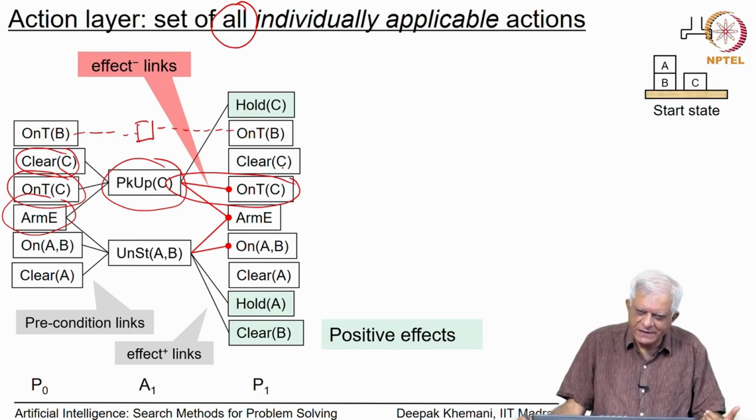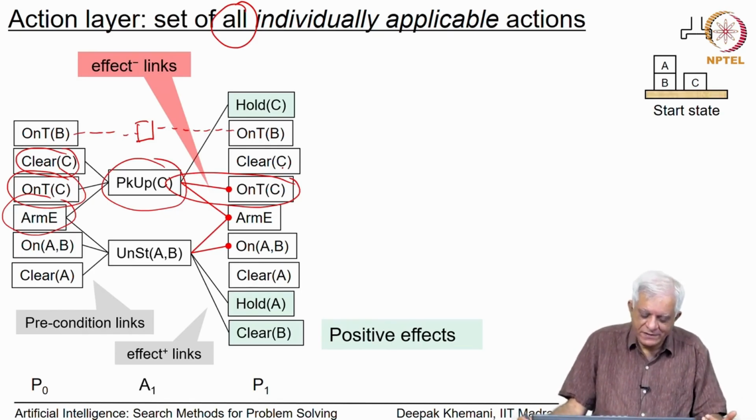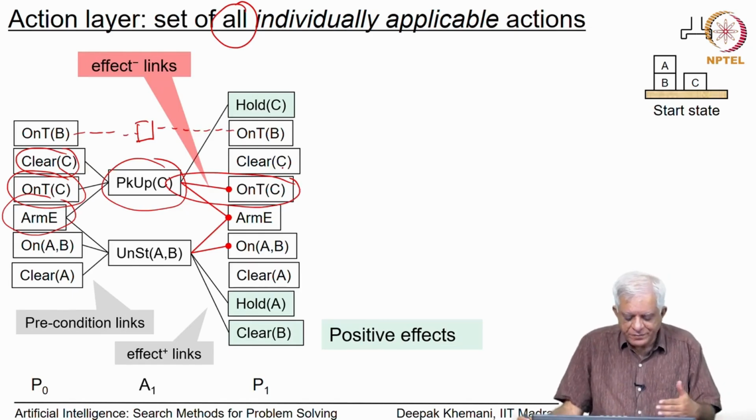So, instead of deleting it like we did in forward state space planning, we add a different kind of link which is called a negative effect link. So, you can see that in this particular example there are 4 negative links. If you pick up C, then C is no longer on the table, or if you unstack A from B, then A is no longer on B, and in both cases the arm is no longer empty essentially.